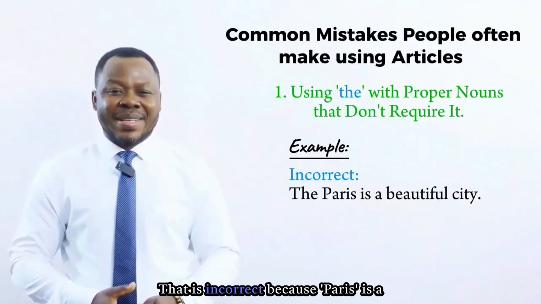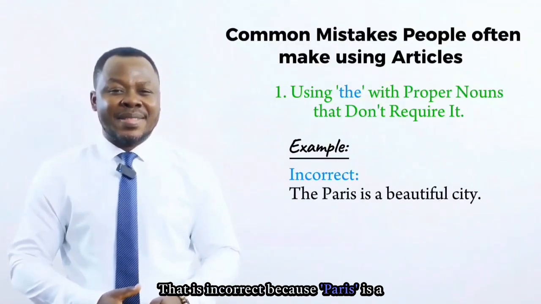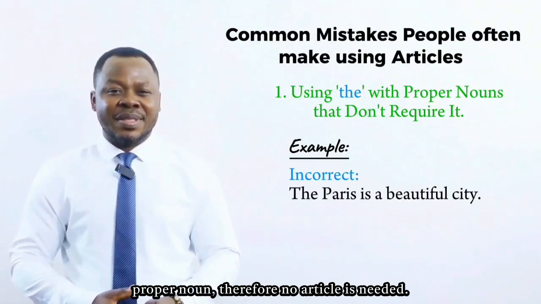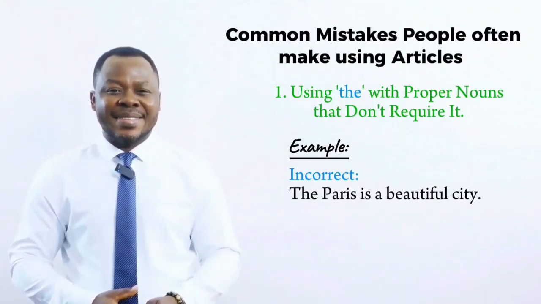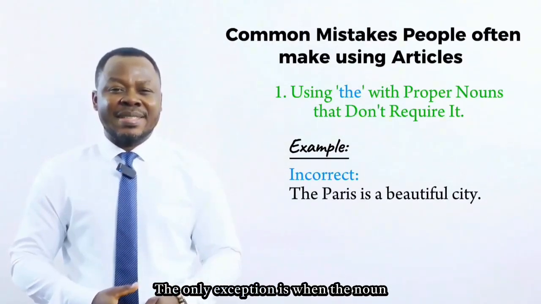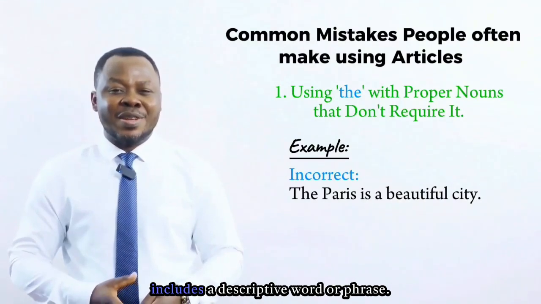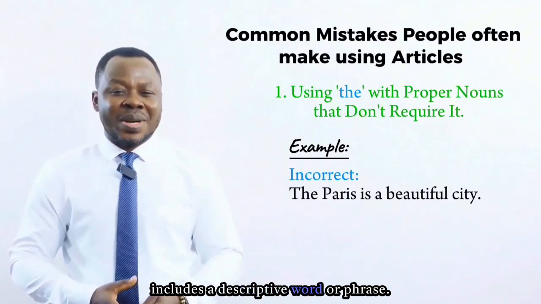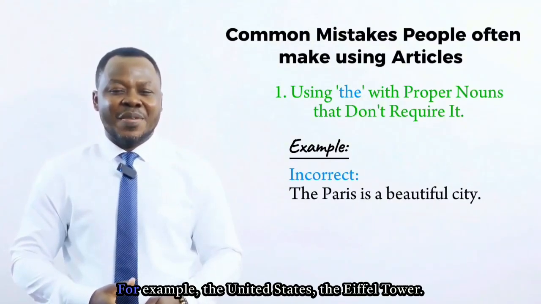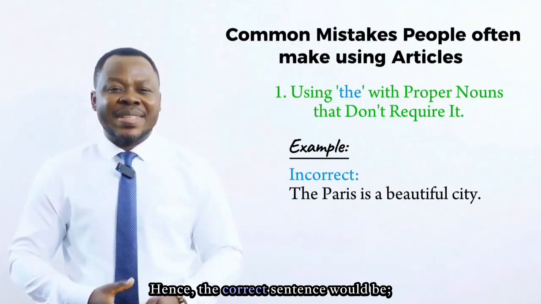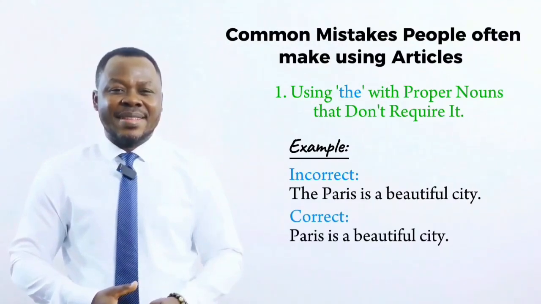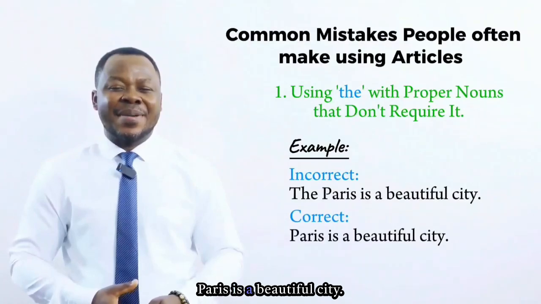That is incorrect because Paris is a proper noun. Therefore, no article is needed. The only exception is when the noun includes a descriptive word or phrase. For example, the United States, the Eiffel Tower. Hence, the correct sentence would be, Paris is a beautiful city.